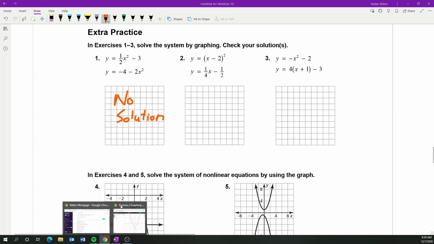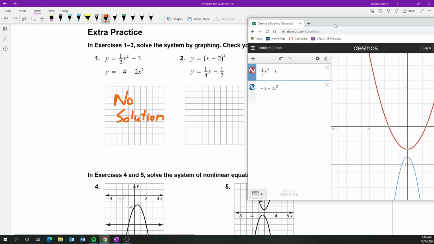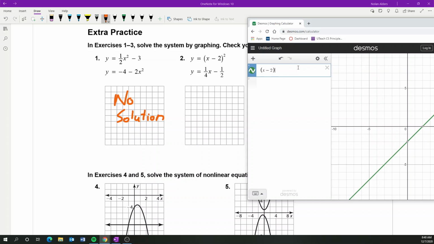Now let's go back to Desmos and do this. So we're going to replace this with x minus 2. Oh, wow. Okay, let's just restart. Okay, x minus 2 squared.